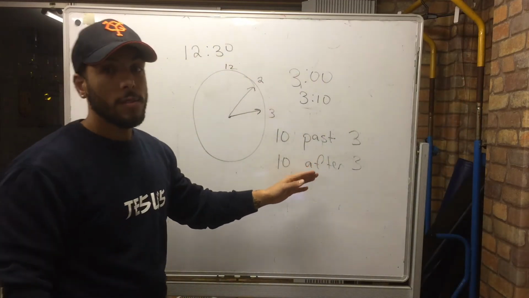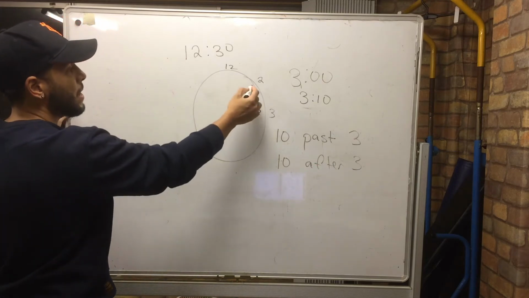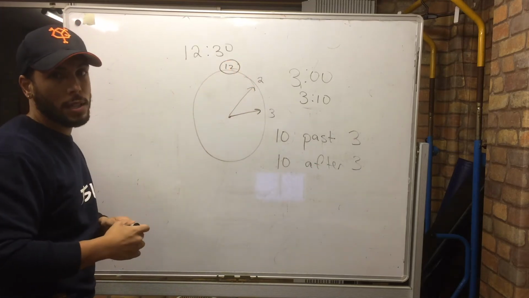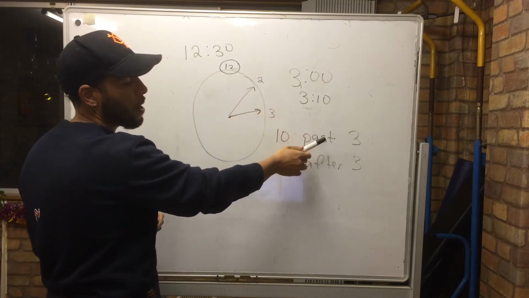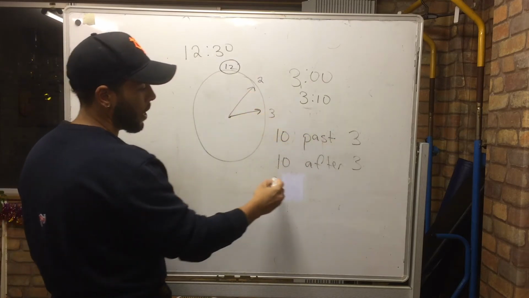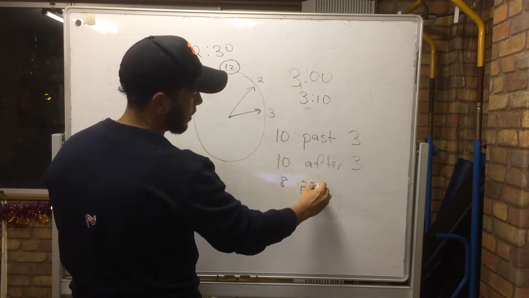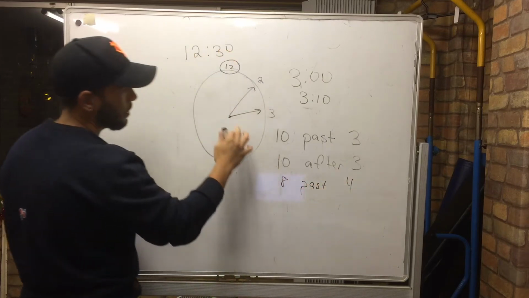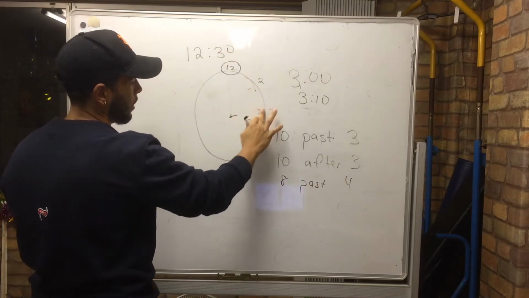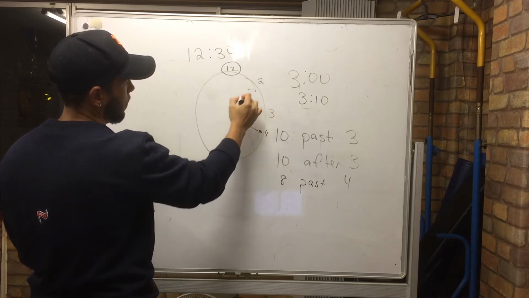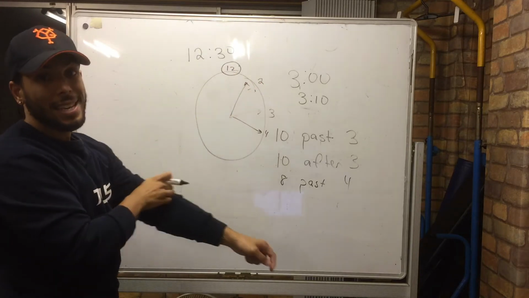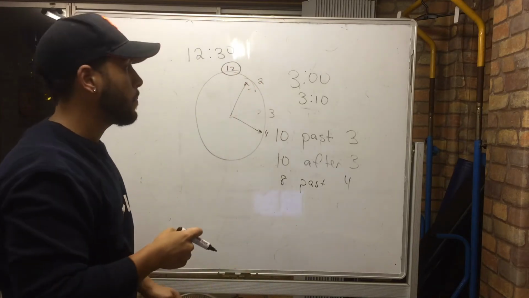The reason for this is that the big hand passed 12 o'clock. So once it passed it, we say 10 past 3 or whatever, 8 past 4 o'clock, right? Past that number.